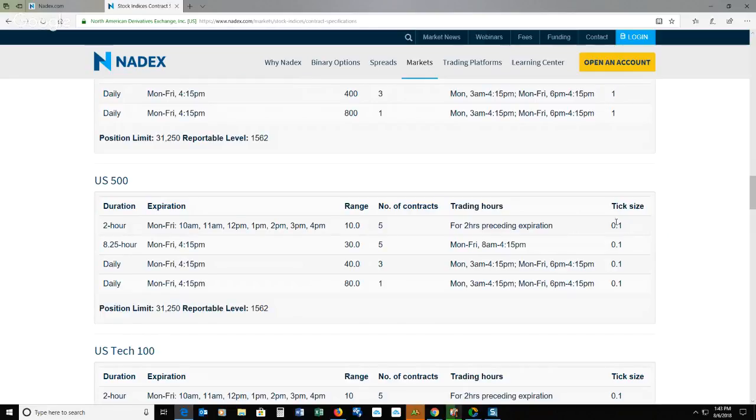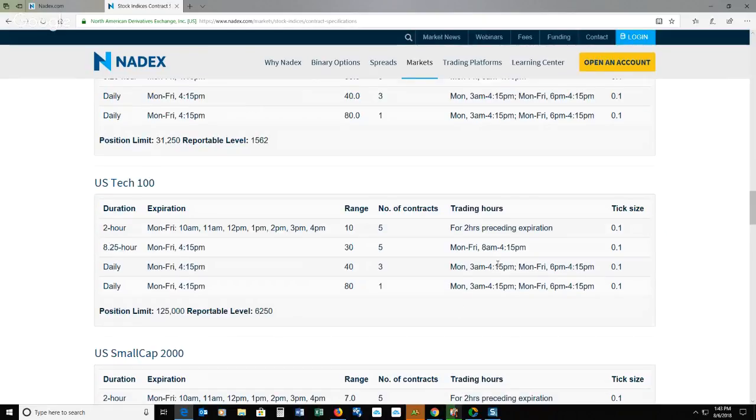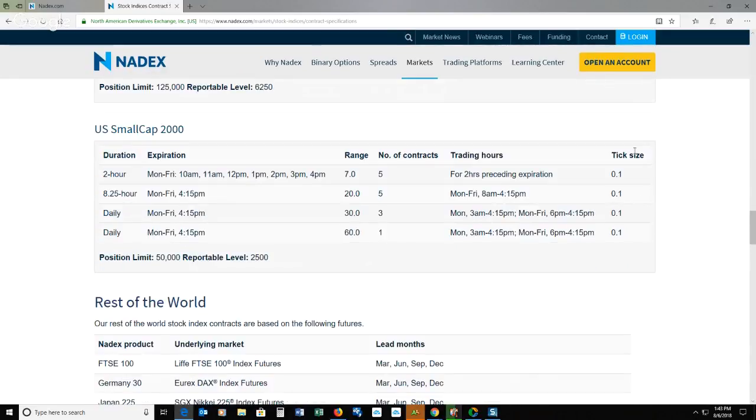So if 0.1 is the tick size and it moves a full point, that would be 10 ticks. On the US Tech 100, same scenario. On the US Small Cap 2000, same scenario. It's 0.1 across the board.